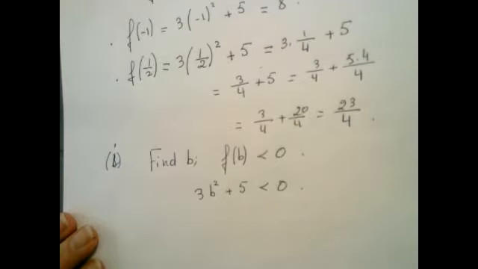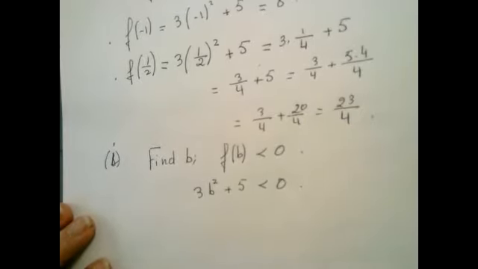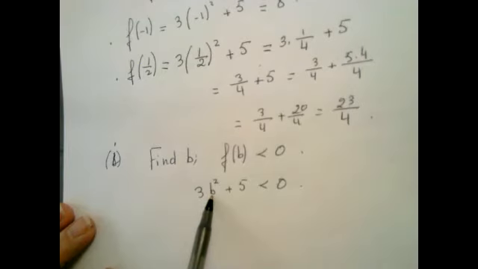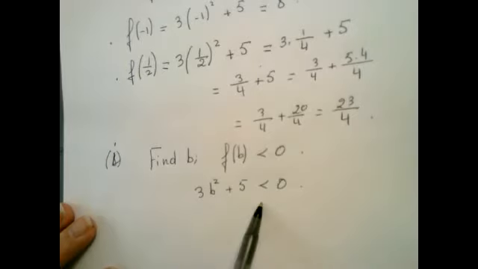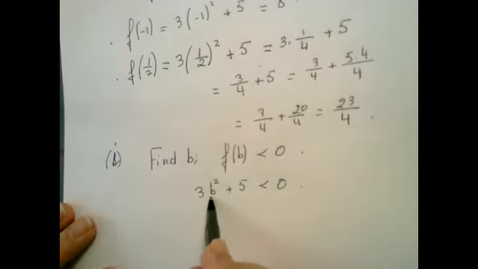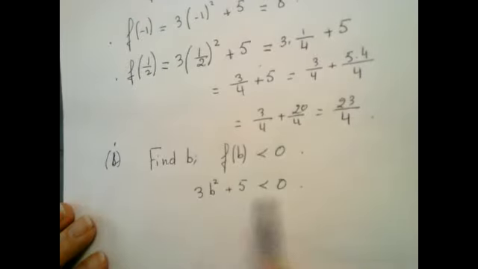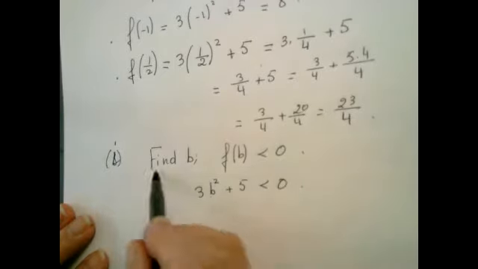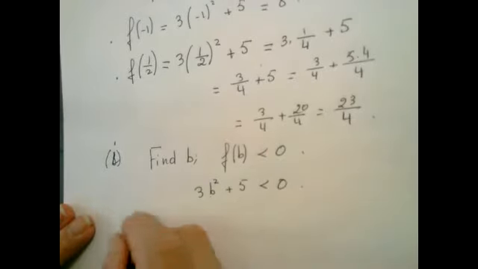Somebody said no, and whoever said no has to justify. If you plug a negative number into b squared, it's going to make it positive no matter what. And then you're adding 5. So there is no way you can find a number that, when you put it in here, spits out a negative number. There are no values of b.